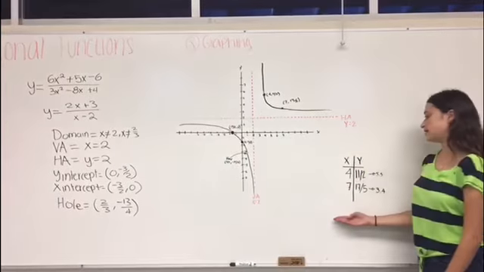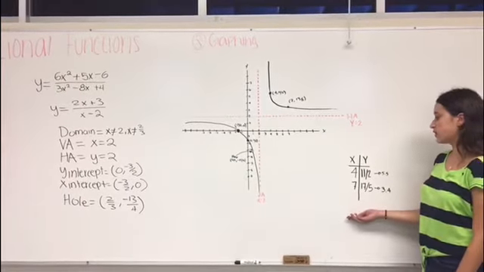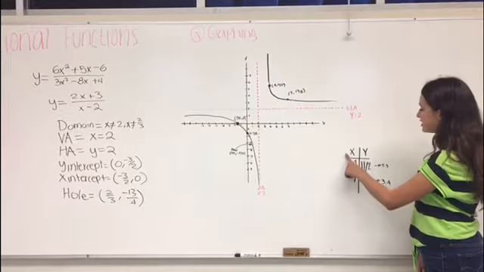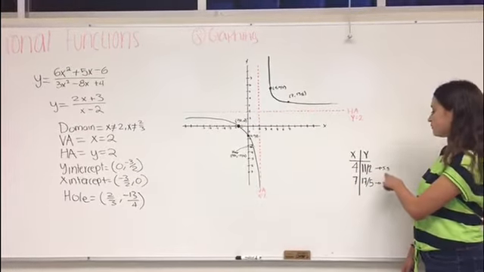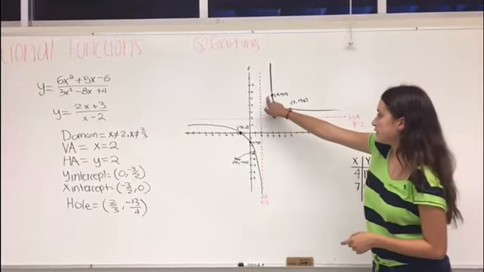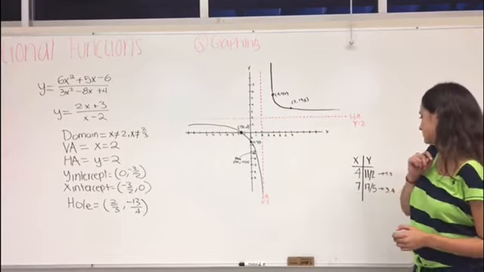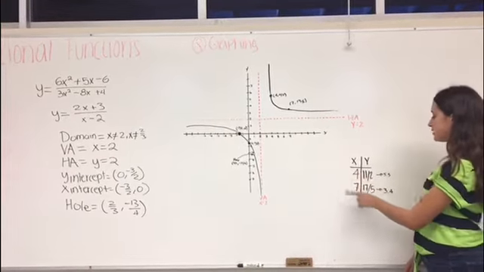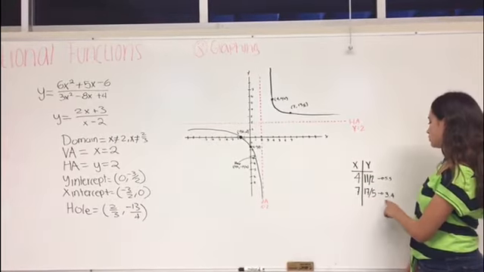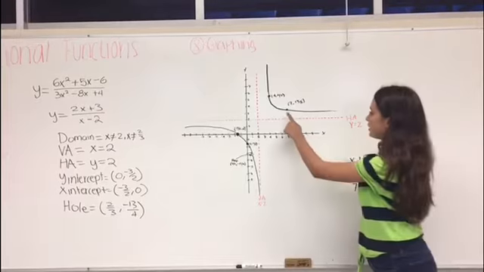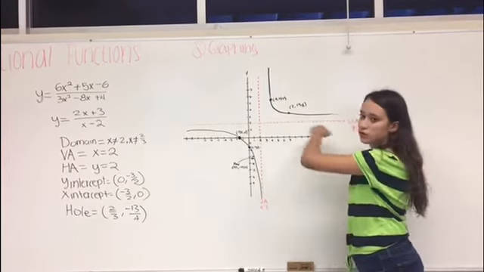That's why we made this little table of values. When x is 4, the value of y will be 11/2 or 5.5, which is right here. Then we substitute 7 for x and the value of y will be 17/5 or 3.4, which is right here. And then you can start graphing.